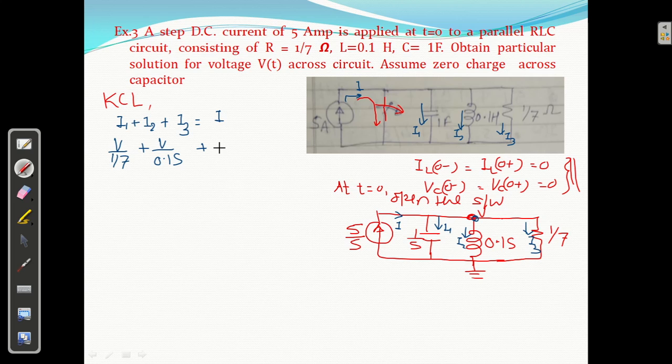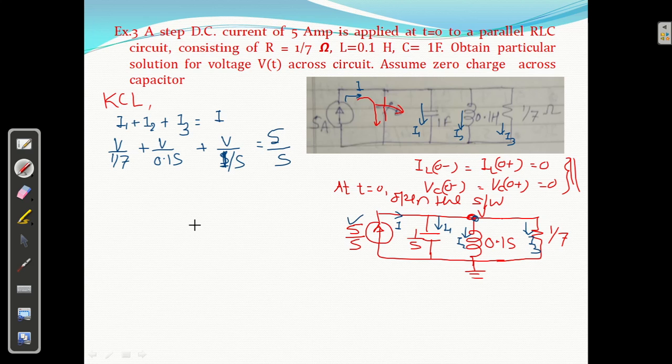So I equal to V by 1 by S, sorry, V by 1 by S, equal to 5 by S current.